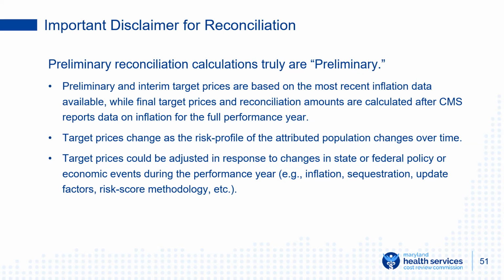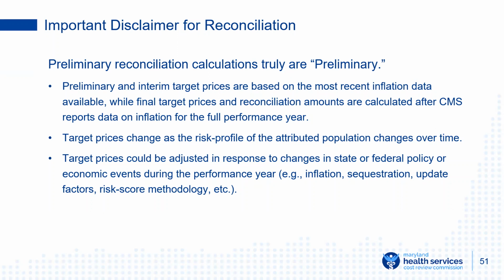On the operational side, we do update the CTP monthly with data as it comes in, but any data that you see with regards to target prices, payment totals, or reconciliation before that final reconciliation should be considered preliminary. We know that especially early on during the performance period, as episodes are accruing, the numbers can fluctuate quite a bit.